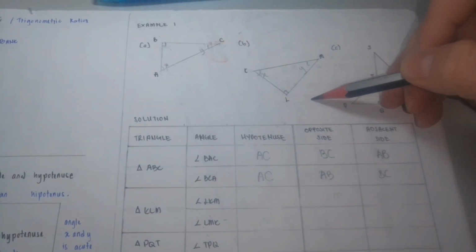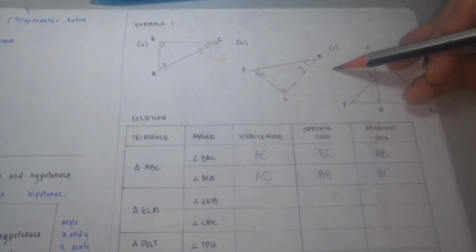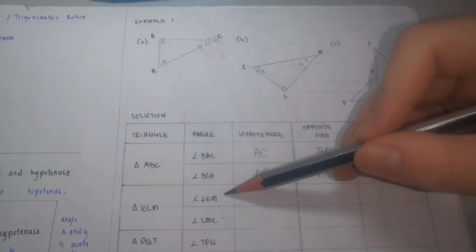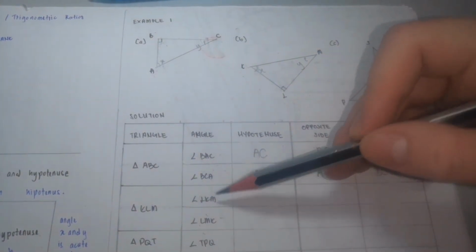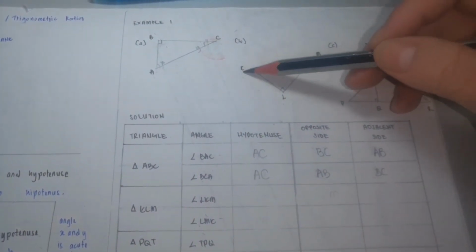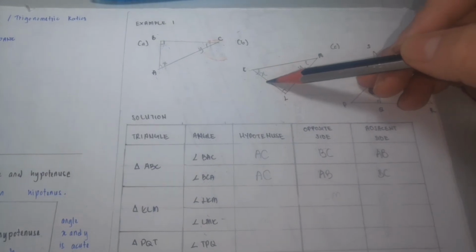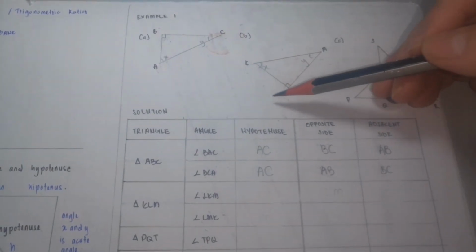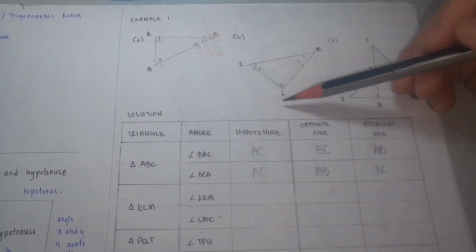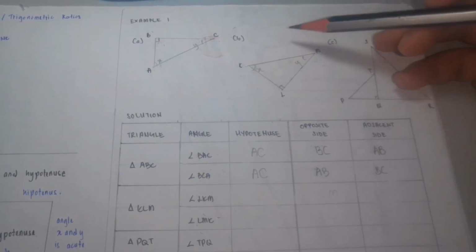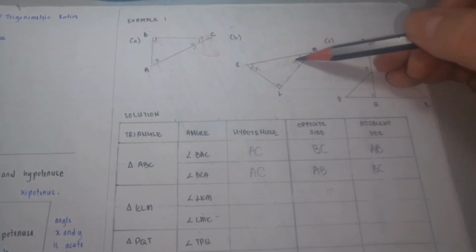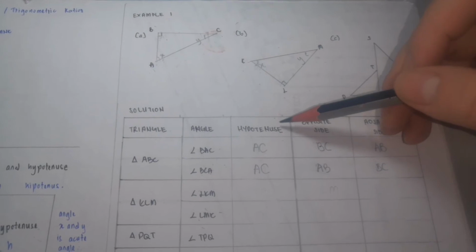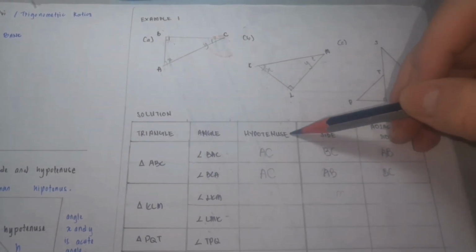Now, next triangle, we have KLM. And we will write down LKM as our angle x and LMK as our angle y. And let's find out the hypotenuse.